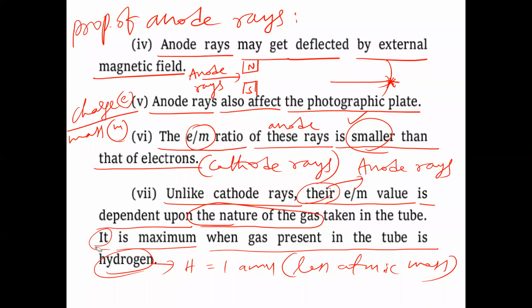That's why it is maximum when hydrogen is taken. So the E by m value of anode rays will not be the same for all gases. That point we have to understand.